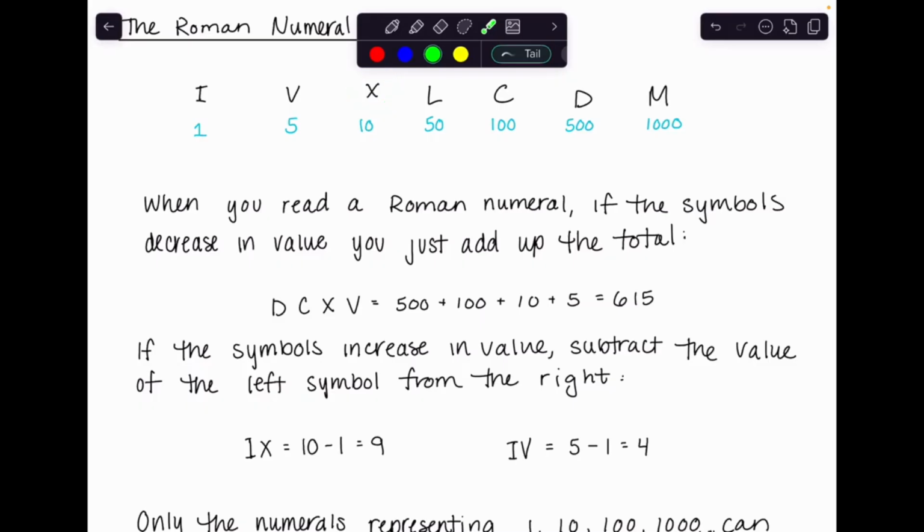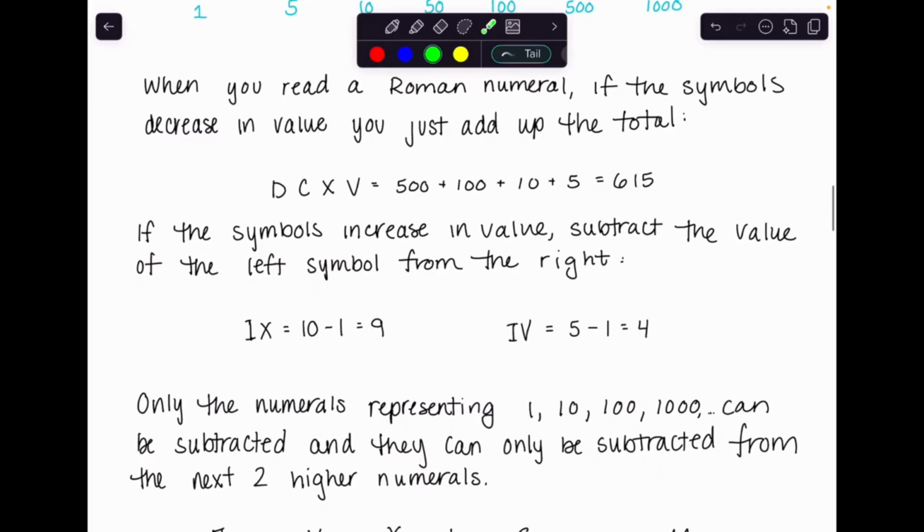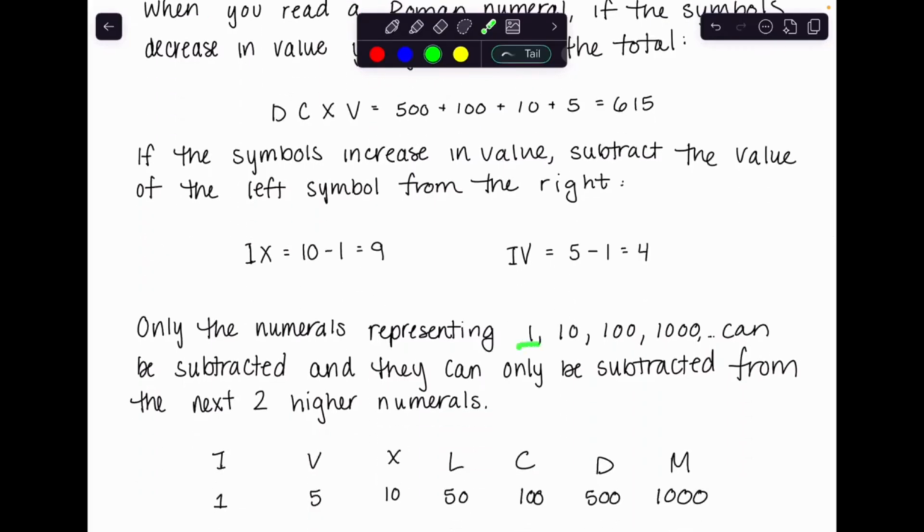So instead 40 would be I take L and I subtract 10. So XL would be 40, okay? So anytime you have a 4 or a 9 in a place value, that's when you're going to have to do this method.